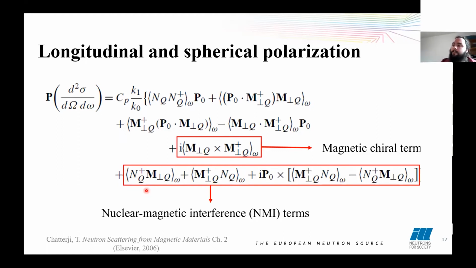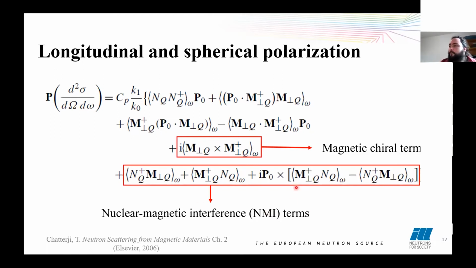These terms are effectively the coupling of the nuclear and the magnetic contributions. You might remember from last week's seminar that the potential can be separated into a sum of the nuclear and the magnetic potential. And thus, when you square those terms, you're going to have mixed terms, and that's where these terms come from, that mixing of the potentials.